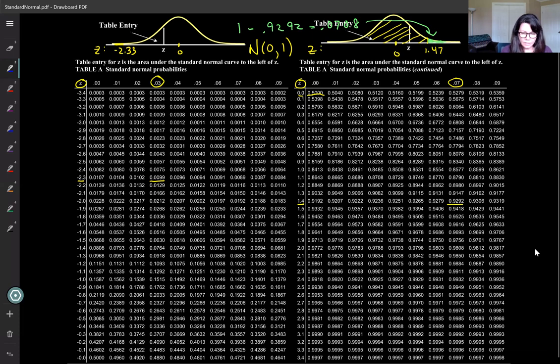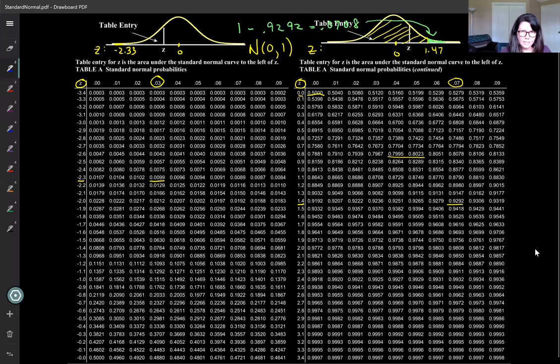So we would then look for the 80th percentile. So it's a reverse lookup. This is a reverse engineering problem. So we look within the body of the table. So the tabulations here, and we can see that 0.8000 would fall somewhere between those two values.